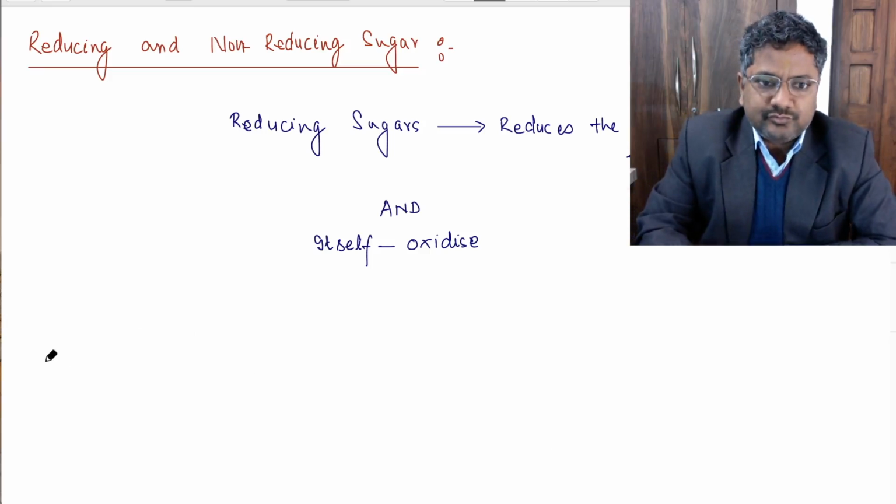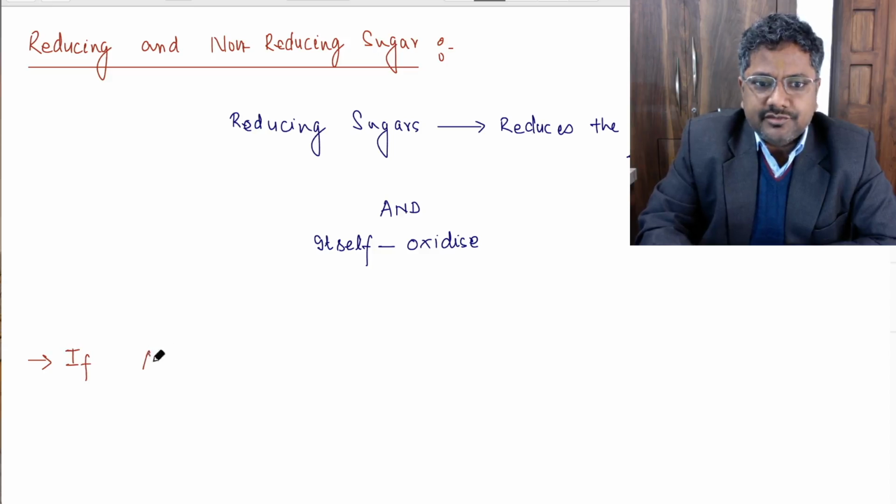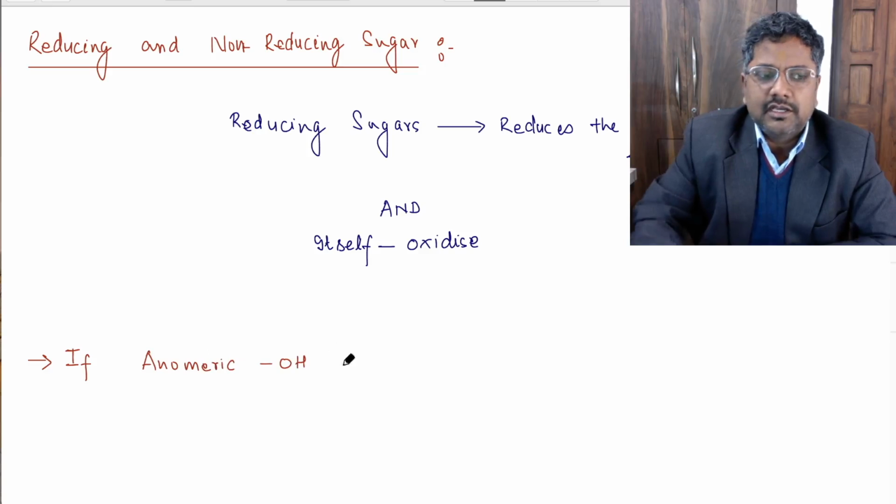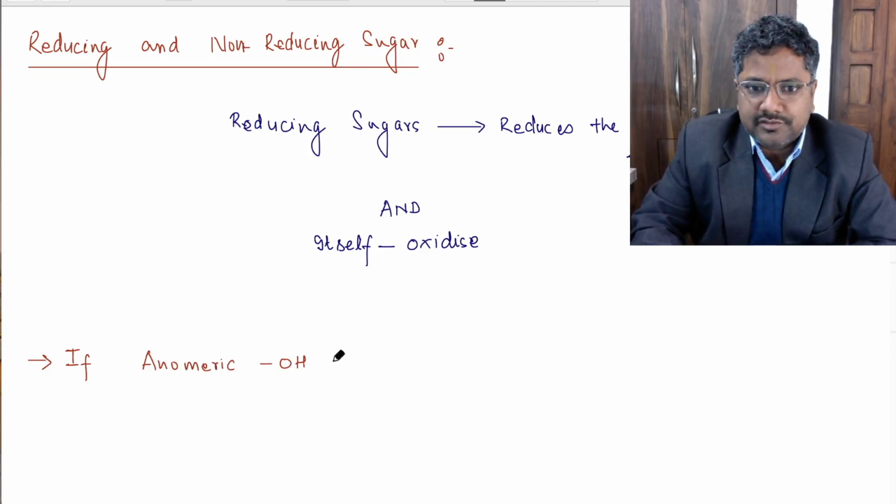See, this is a very, very important point. If the anomeric OH, all of you know what the anomeric carbon is, if the anomeric OH is blocked.